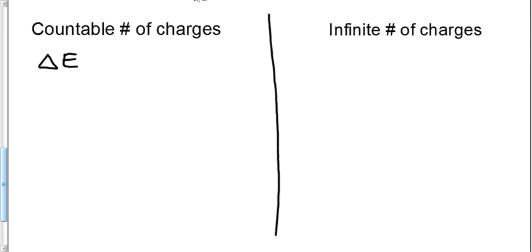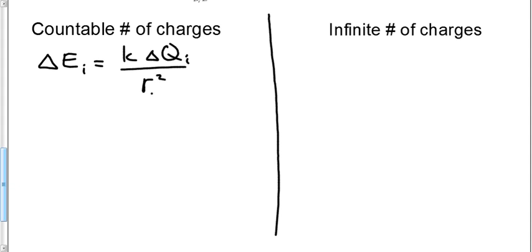Kind of like delta y over delta x when you did slope. It's just a little part of the rise and a little part of the run. That's used a lot when you understand calculus. And each of those then will create a field of k times the amount of charge, that's a delta q, on that little segment. I'll just label it that segment. And then the square of the distance away.